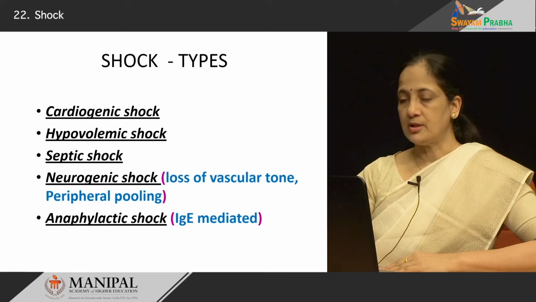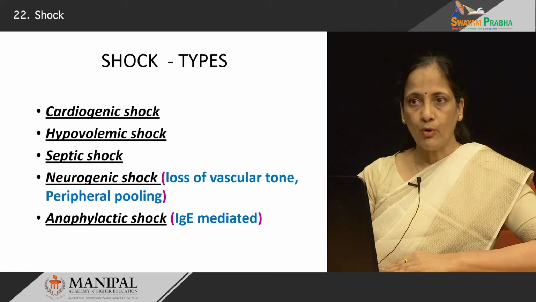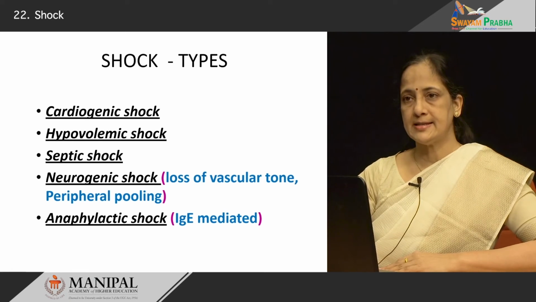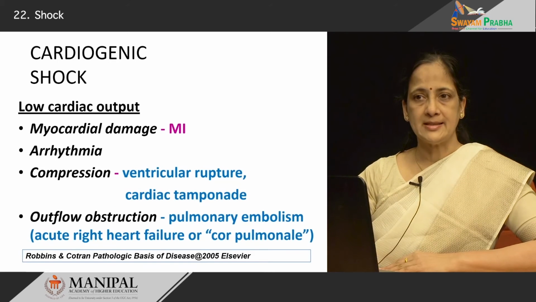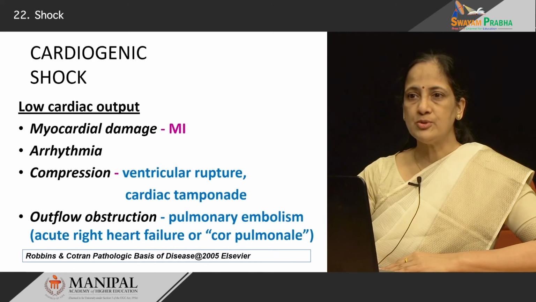We will focus on the pathogenic mechanism involved in the first 3 types of shock, that is cardiogenic shock, hypovolemic shock and septic shock. Before we go to the mechanism exactly, let us look at a few diseases that are cardiogenic that result in shock.